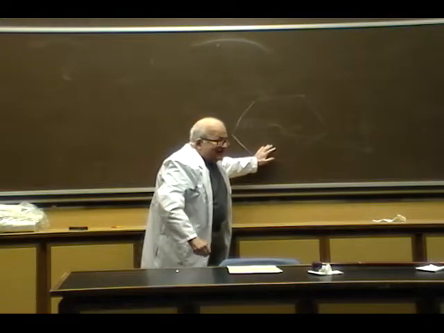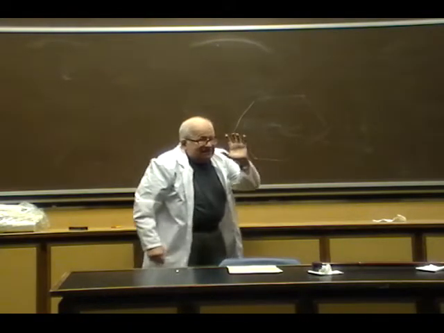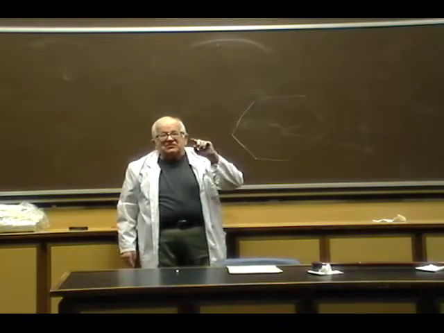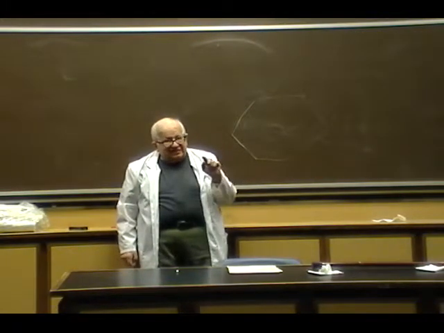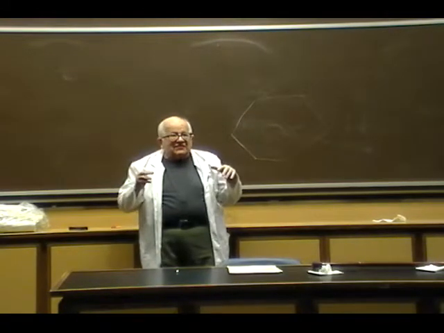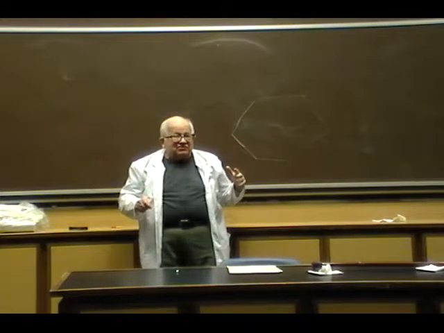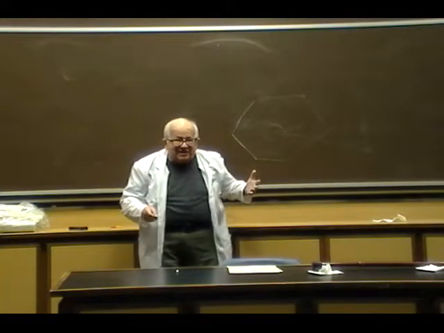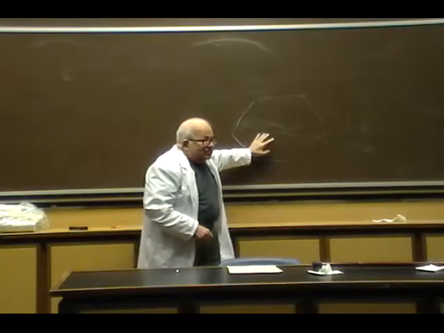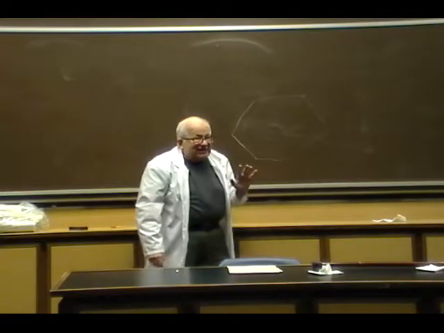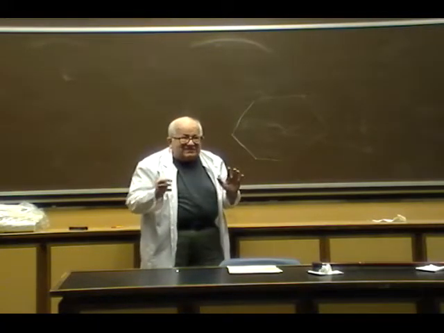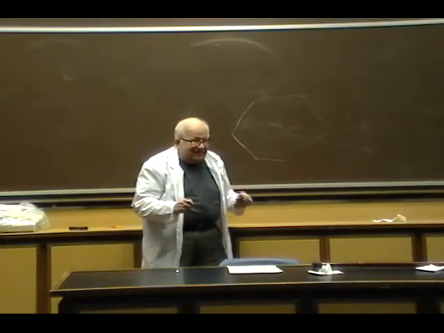The central vein really is, it just consists of simple squamous epithelial cells. It does not have any of the muscle or the usual connective tissue that we would associate with the vein. It is called a central vein, but again, histologically, it does not resemble a vein.